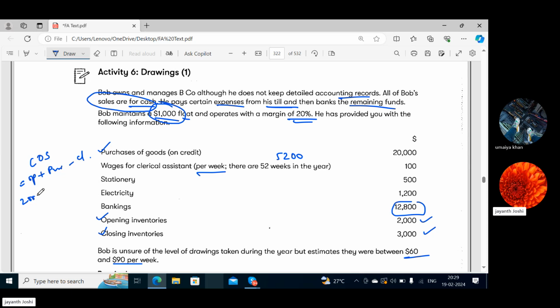Definitely 2,000 plus purchases, that is 20,000, minus closing, that is 3,000. So cost of sales we got as 19,000. So this cost of sales will be how much? That will be 80% because they are asking gross profit on margin. So sales is 100%. So now we have to find the sales figure, that is the 100% figure.